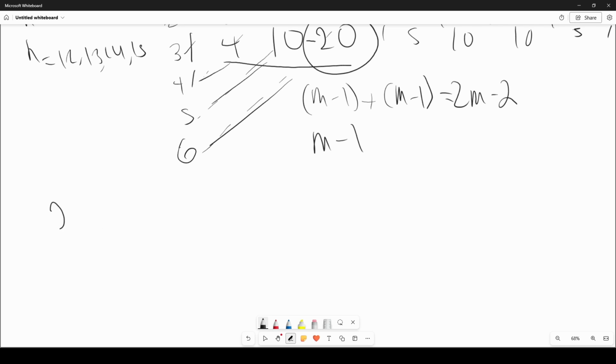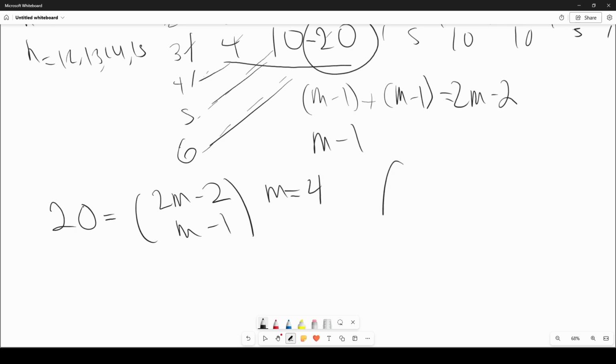So we're trying to argue that 20 is 2m minus 2 choose m minus 1, where m equals 4 in this case. Let's see if that's true. So if I plug in m equals 4, that would give me 6 choose 3, which equals 4 times 5 times 6 over 3 factorial. 3 factorial is 6, so these cancel, and you just get 20.